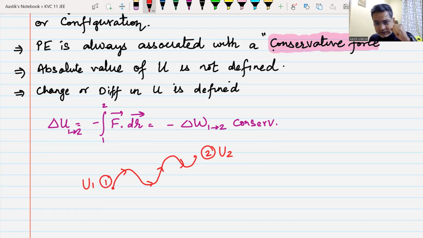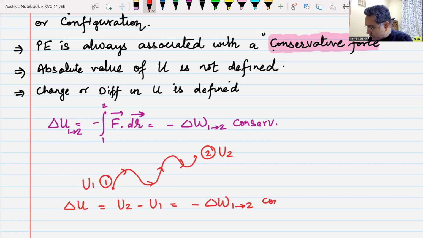This conservative force does some work. The change in gravitational potential energy, change always means final energy minus initial energy. That will be equal to negative of the work done from 1 to 2 by the conservative force. This is how change in potential energy is defined.